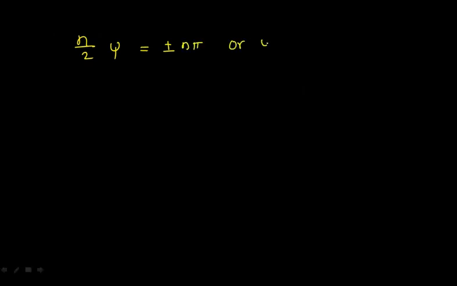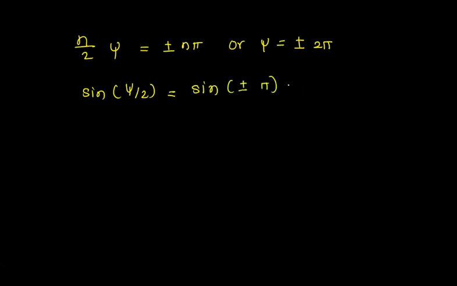Or your psi will become plus minus 2 pi. Now if you put all these values over there, now this particular equation will give you sine of psi by 2 is equal to sine of plus minus pi, which is again a 0, now resulting the denominator equal to 0. So that is not the null condition. ठीक है? So your null condition will not be satisfied.